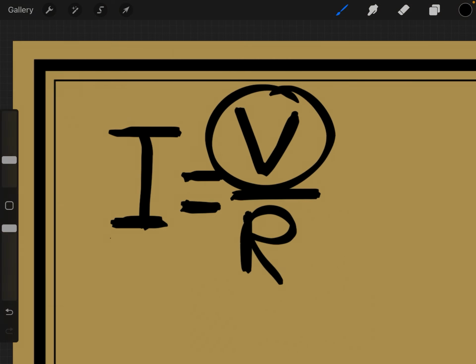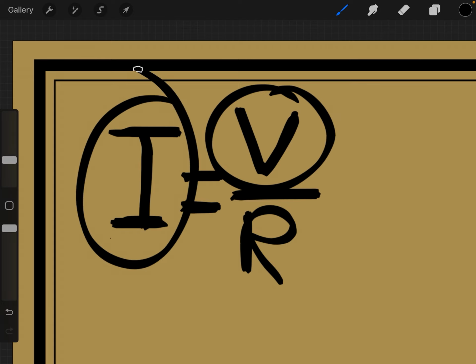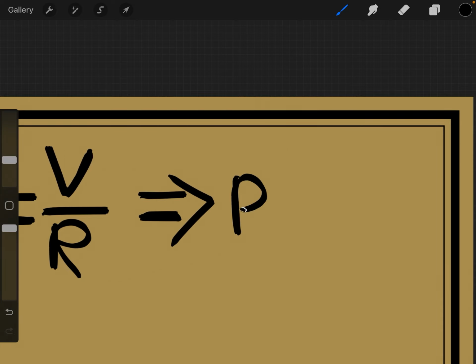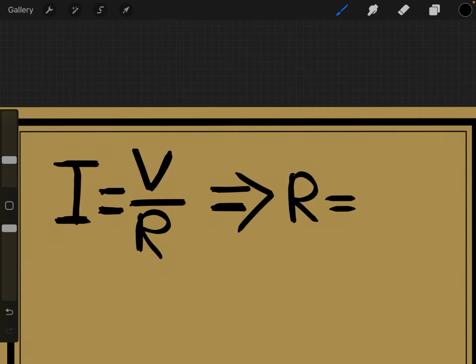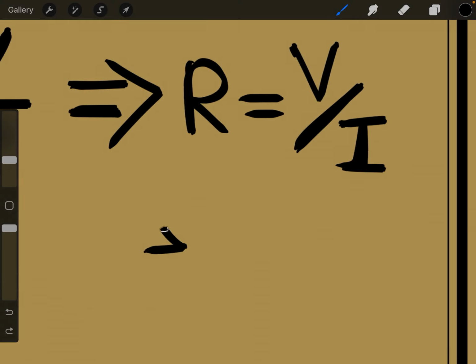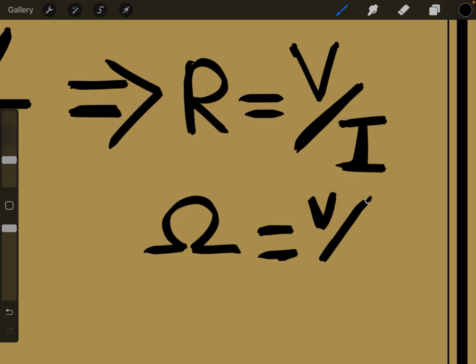We say that if we know the voltage, we can control the current by dividing the voltage by a known resistance R. And we can rearrange this formula here to give us the unit of resistance. So resistance is equal to voltage divided by current. We're just multiplying both sides by R and then dividing both sides by I. And that's what the unit ohms is. Ohms is just volts per amps.